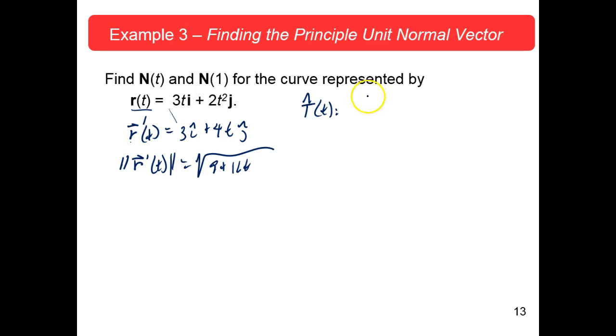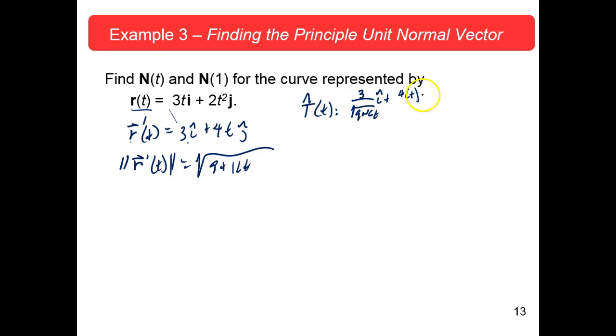Okay, so that would be this over that, okay? 3 over the square root of 9 plus 16t squared, plus 4t, oh, I left off the i.